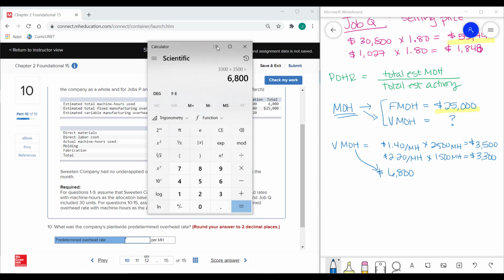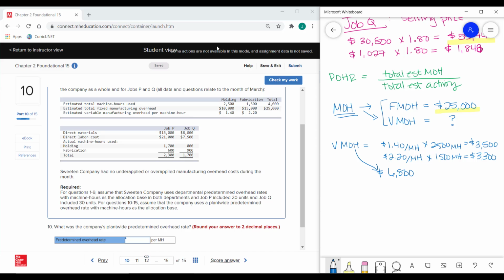There we go. And another way you could have done this is applied the cost formula to each department on its own like we did before. Find the total estimated overhead within the molding department, and then within the fabrication department, add the two together, and we would get the same answer that we're working towards now. So now we found the variable manufacturing overhead that we estimate for the company as a whole, and we know the fixed element. So now we can add them together.